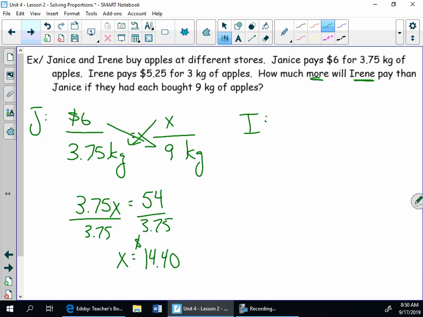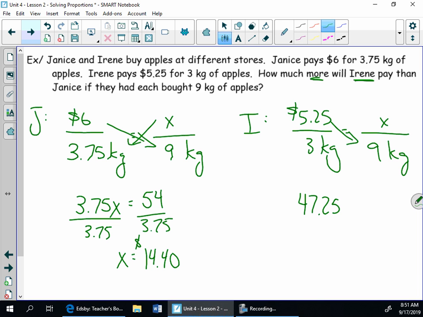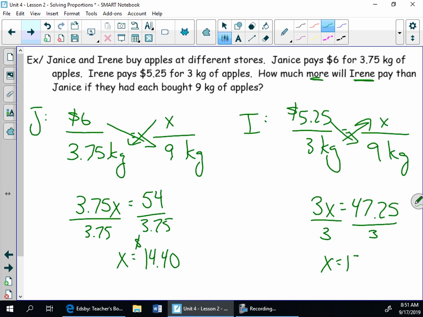Irene paid $5.25 for 3 kilograms. Now she's buying 9 kilograms. And if we cross multiply this one, 47.25, oops, that's our order. 3 times x is 47.25. X by itself, and I get $15.75.